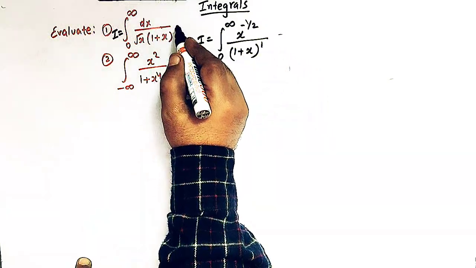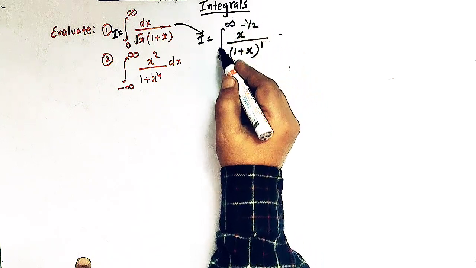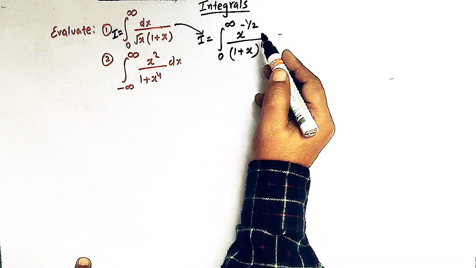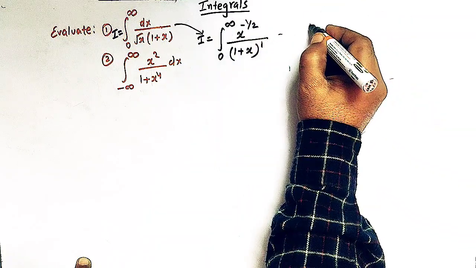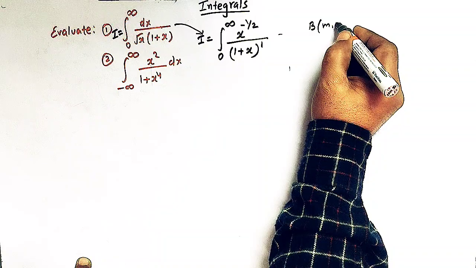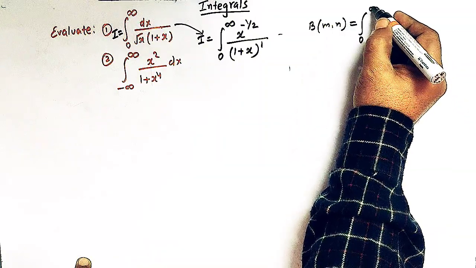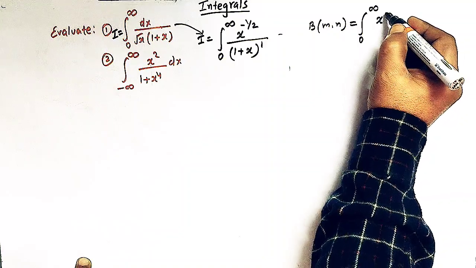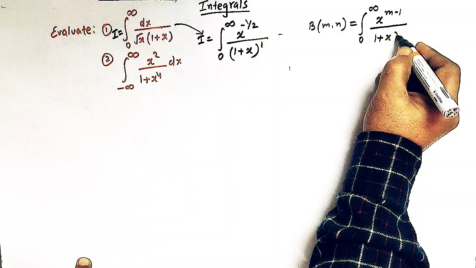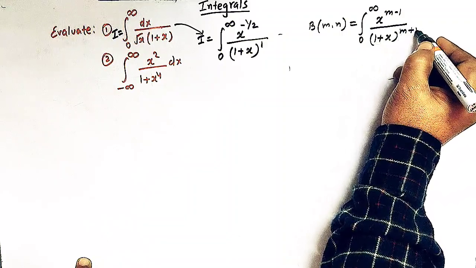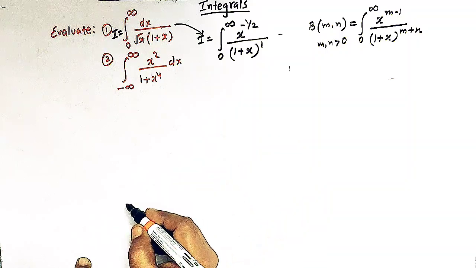So the first step is to write this integral in this form, because we wish to write this integral as the definition of beta function, that is beta m comma n is given by this integral 0 to infinity x raised to m minus 1 over 1 plus x raised to m plus n, where m and n are greater than 0, right?